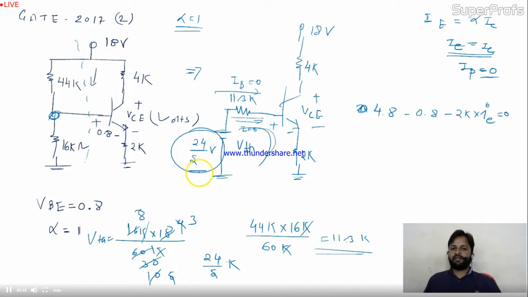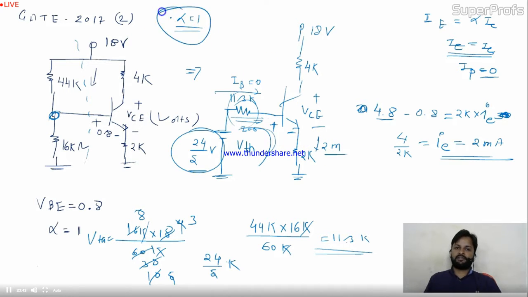Moving to that side, 4 divided by 2K is IE, so IE is 2 milliampere. Now alpha is 1, so IC will also be 2 milliampere.